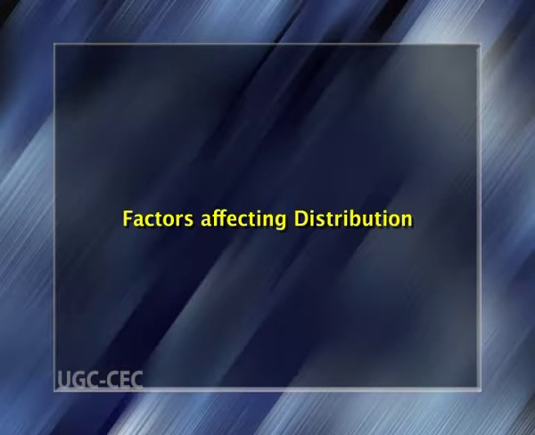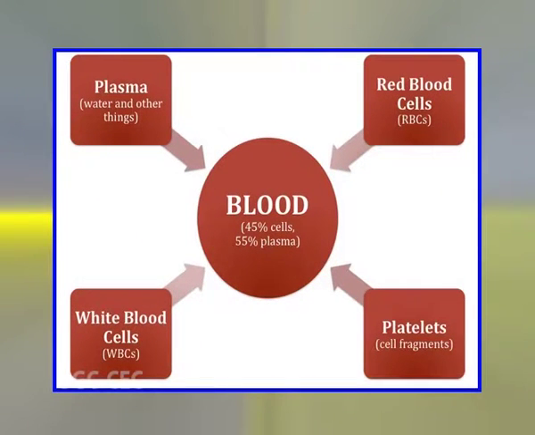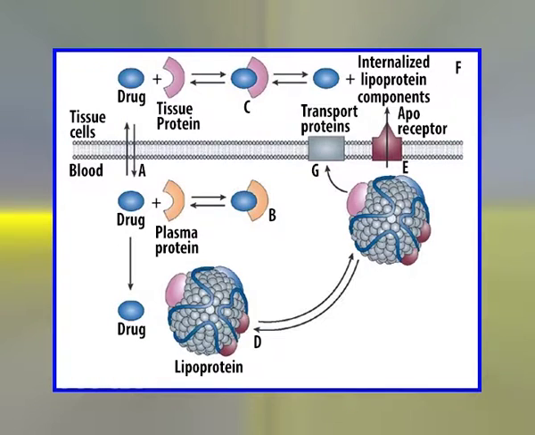Now we will discuss the factors affecting distribution. The blood is composed of a number of elements including plasma, red and white blood cells and plasma proteins. Most drugs reversibly bind to plasma proteins in varying degrees.